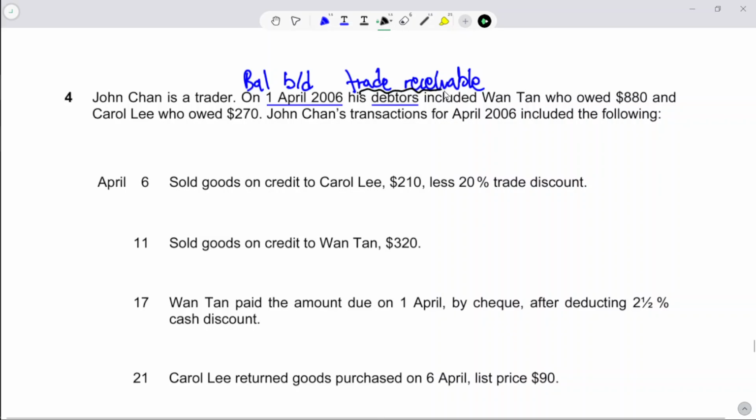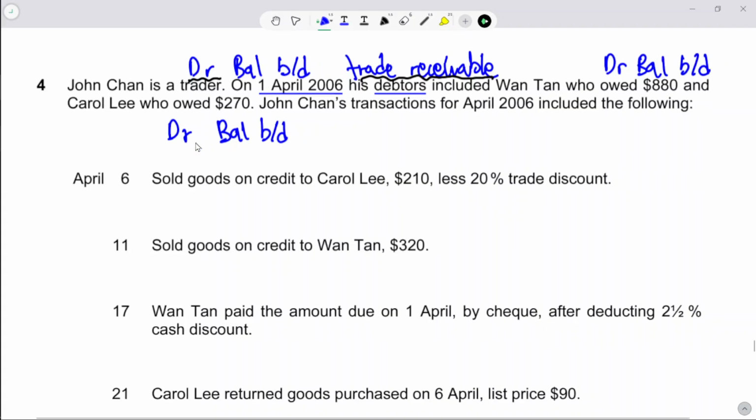For trade receivable, we have a debit balance BD. This one also balance BD, as mentioned, debit. This one also debit.